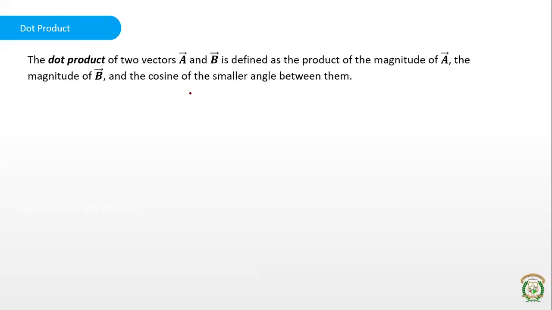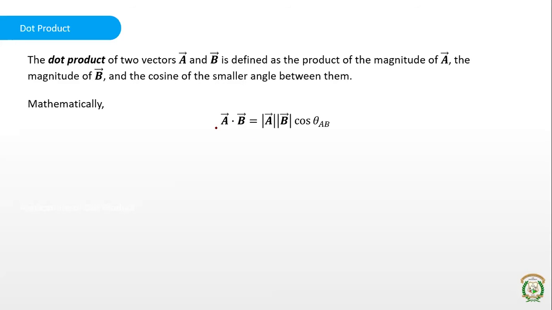You might have already studied this, the dot product of two vectors a and b. It is defined as the product of the magnitude of a, the magnitude of b, and the cos of the angle between them. We know this mathematically. Dot product is written as a dot b.